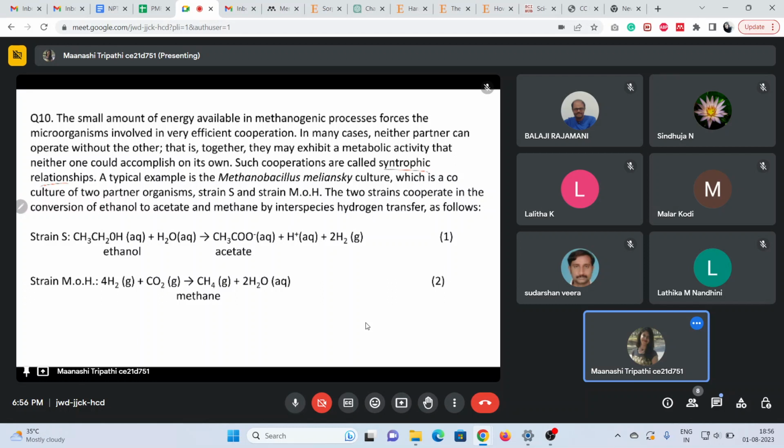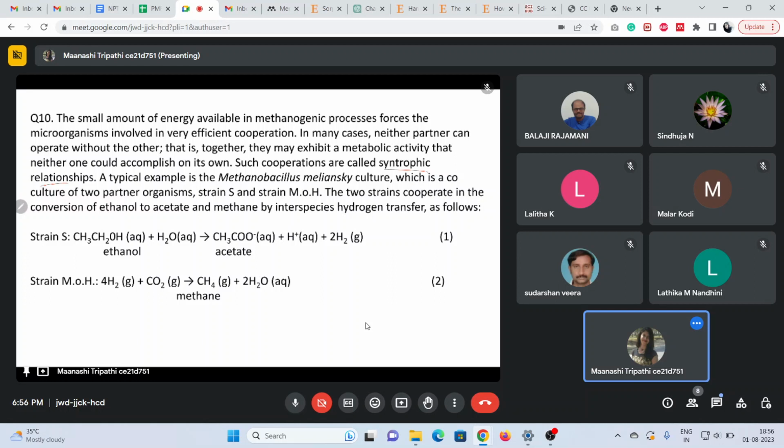So in the first reaction, hydrogen gas is produced. If somehow this hydrogen gas is consumed, as in the second process, the concentration of hydrogen will reduce. So this reaction will move in the forward direction. So for conversion of ethanol to acetate, we want this hydrogen to be used to make methane.